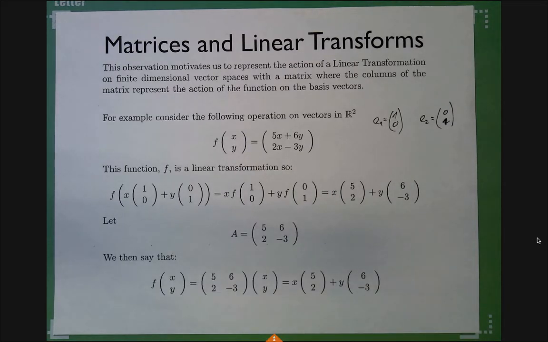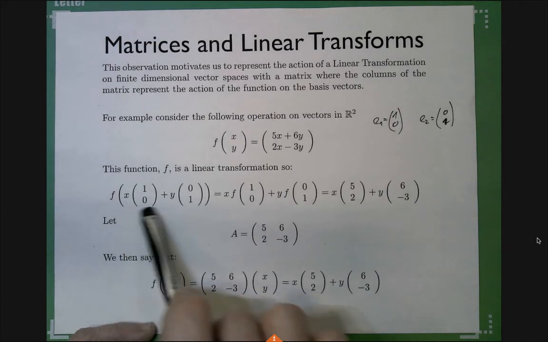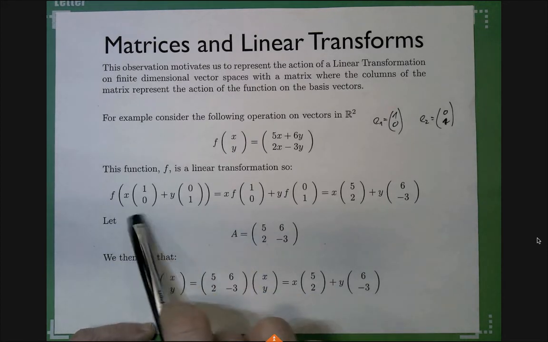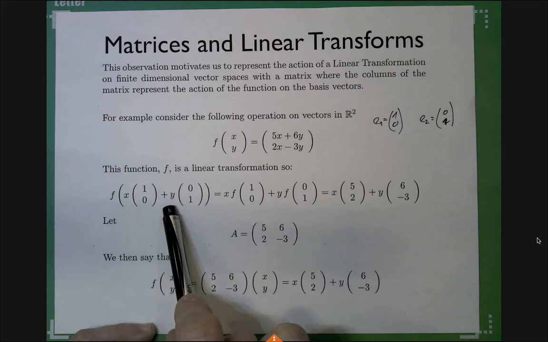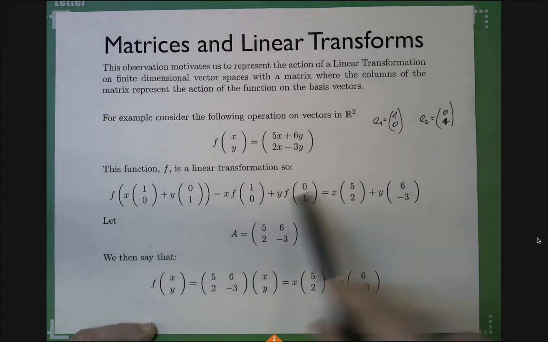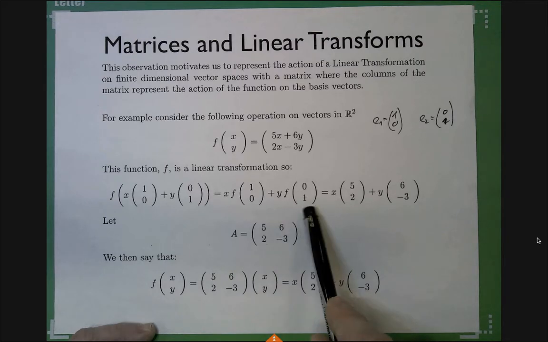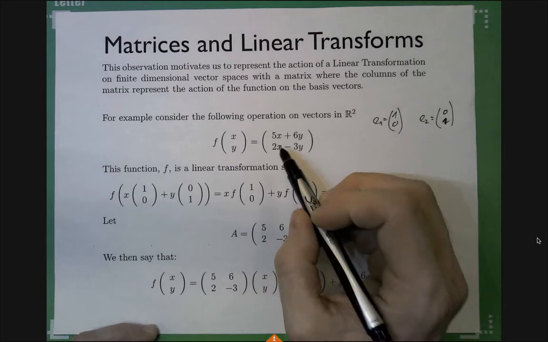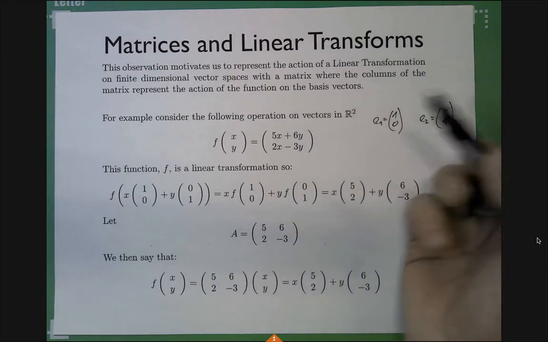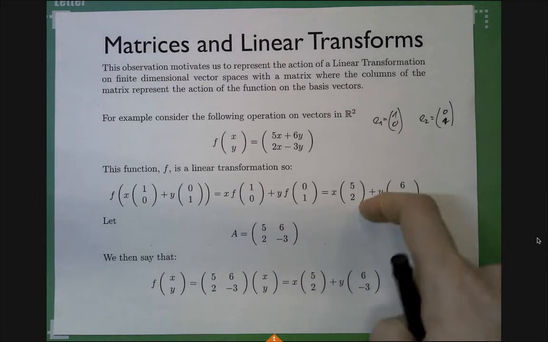Okay. So this is a similar equation to the one I wrote before. Again, any vector can be written as coordinates x and y with respect to the standard basis. Here I have the action of the linear function f on the first standard basis vector, and the second one. So what is the action of f on e1? That's what's written here, right? So how did we get it?